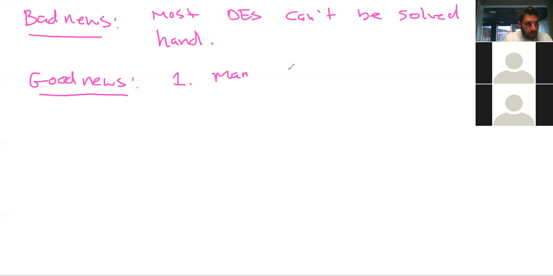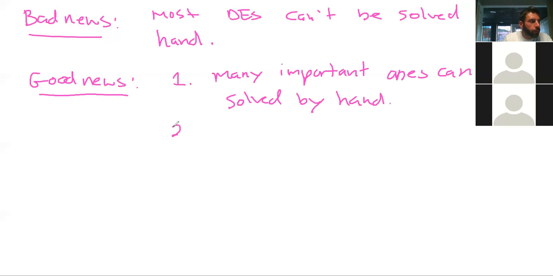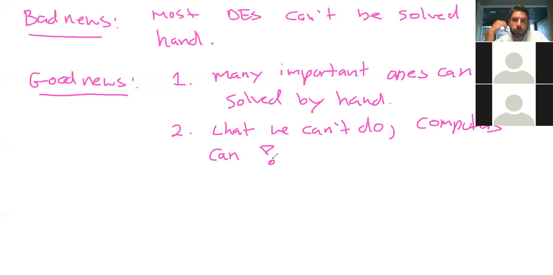Many important ones can be solved. And the second part of the good news is that what we can't do, computers can. It's not that we can't do it, it's just that we're humans and it would take us a lifetime to do something that a computer can do in a second.